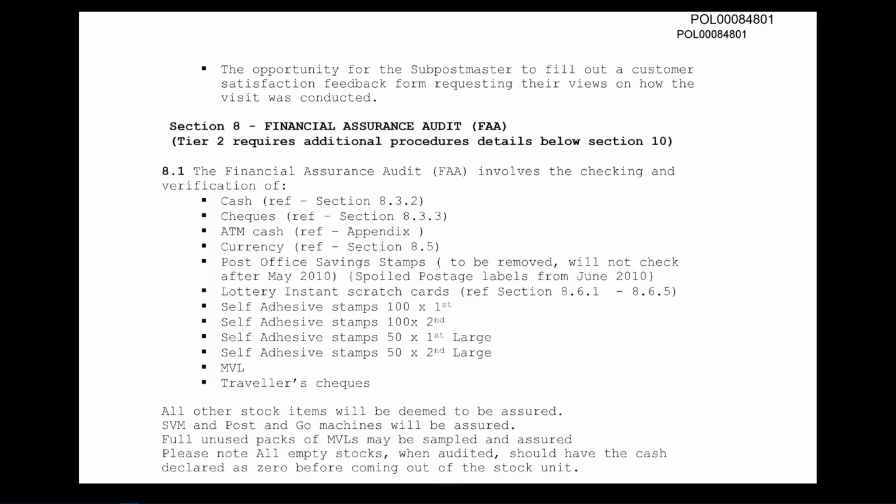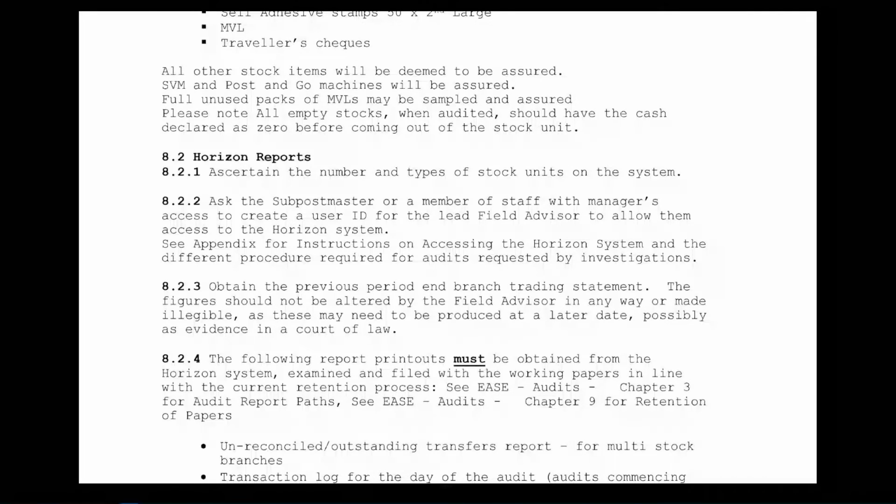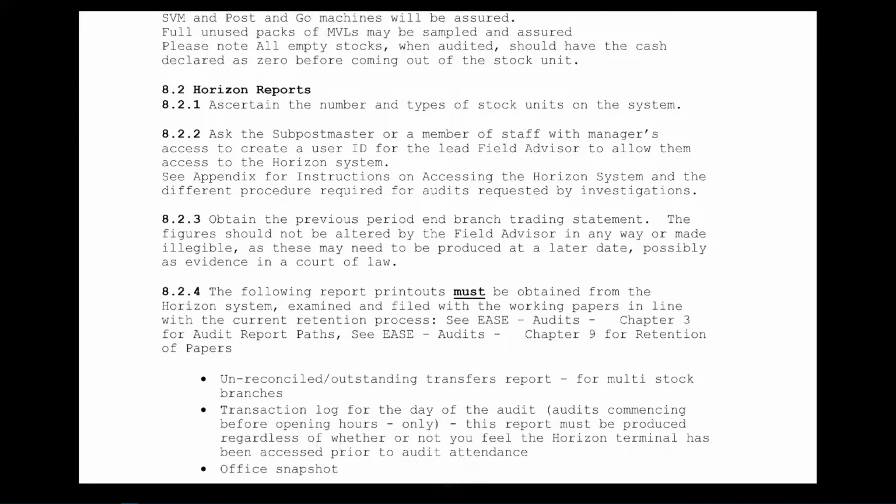Thank you. And if we could scroll down to 8.2, there's a section in this manual that addresses Horizon reports. Does this set out what reports an auditor would have available to them when they conducted an audit?